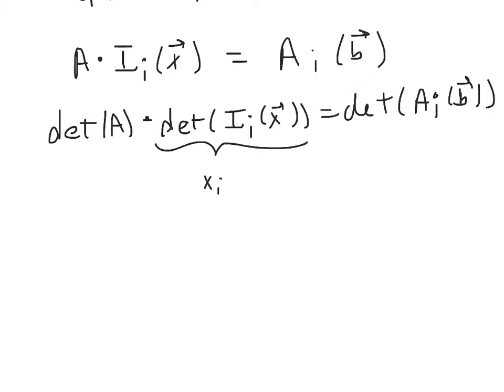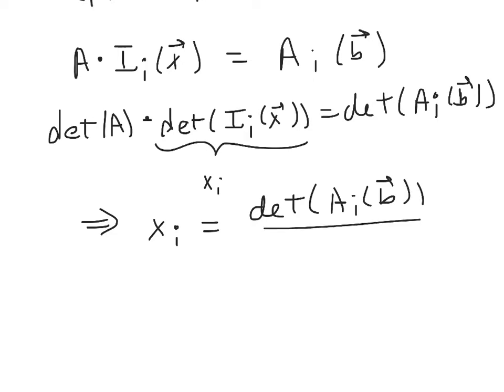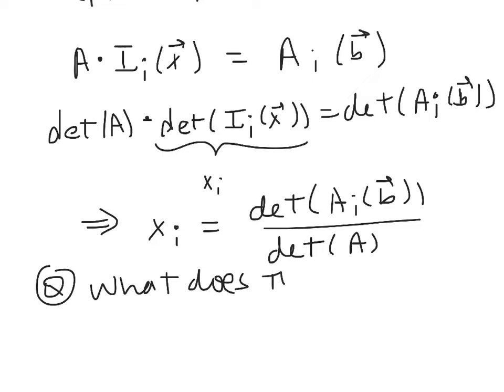And so what this tells us is that xi is equal to the determinant of this matrix on the right over the determinant of A. So what does this tell us? What it tells us is that we can compute the solutions using determinants.